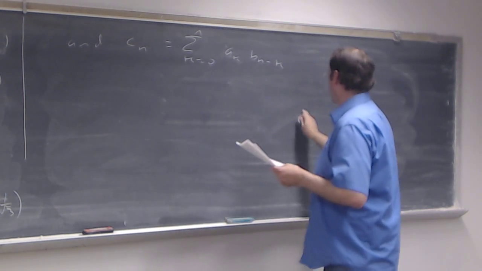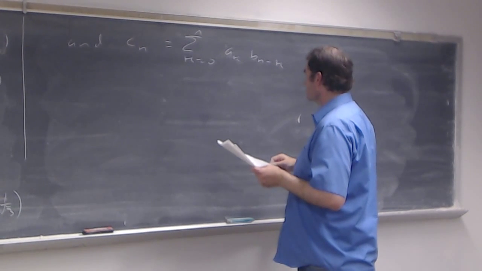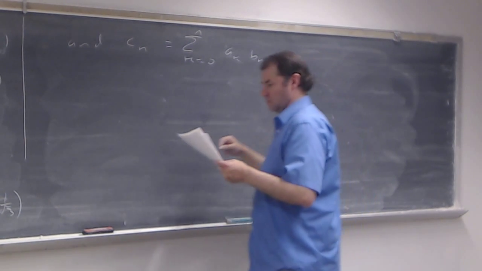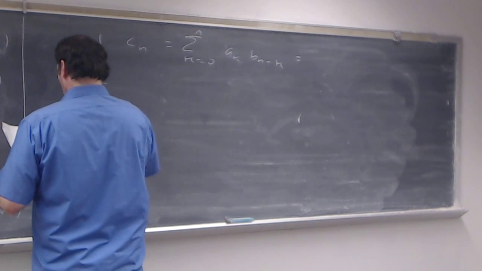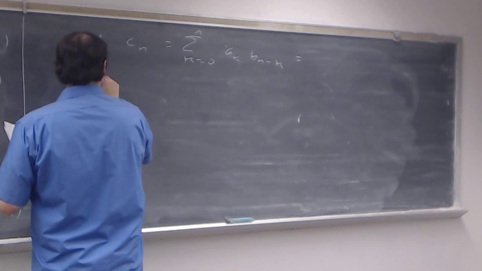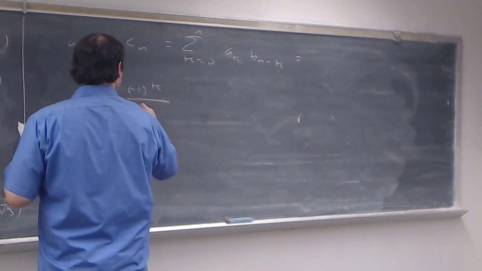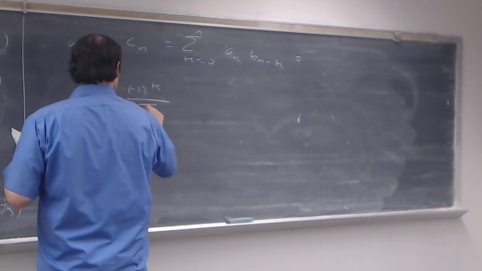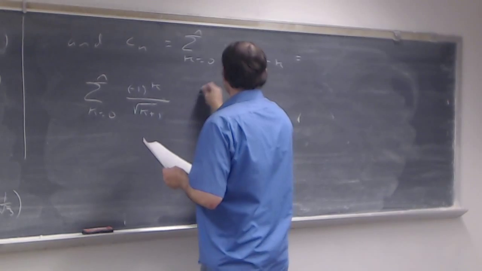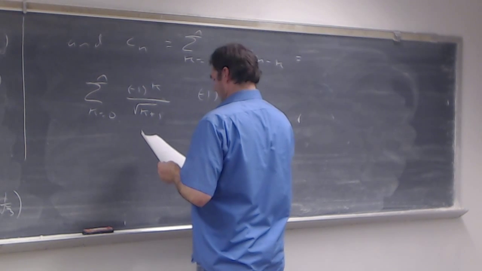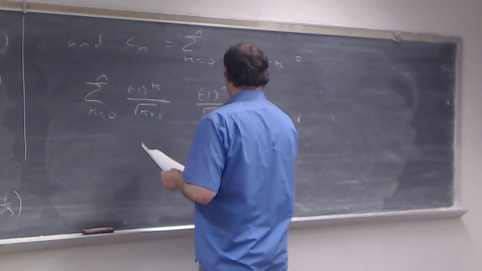I guess it's this form that I wanted to look at more, which for our problem is really equal to the sum as k runs from 0 to n. The a sub k is minus 1 to the k over the square root of k plus 1. And the b sub n minus k will be minus 1 to the n minus k over the square root of n minus k plus 1.